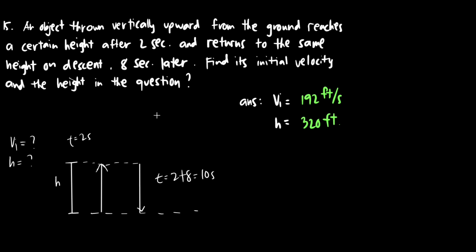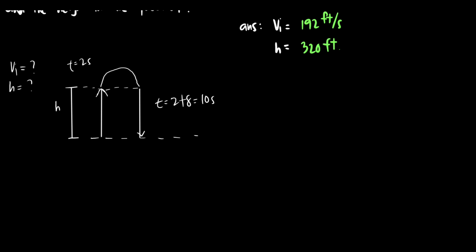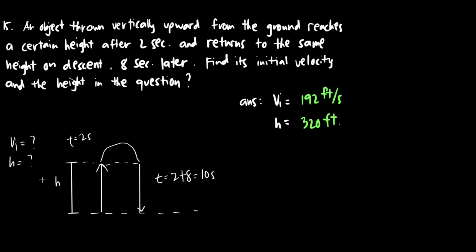So we are tasked to find its initial velocity. There should be an arc here. So let's say this is the maximum height. What formula will we use? In the problem, there is no change in acceleration, it is not decreasing or increasing, and the velocity is not increasing.